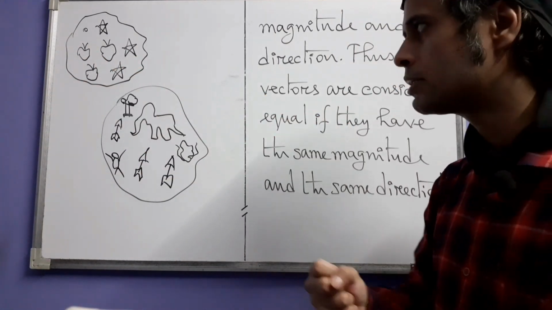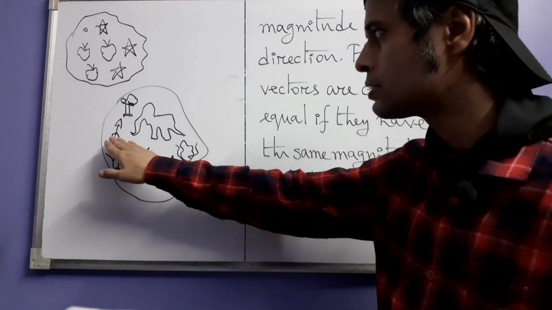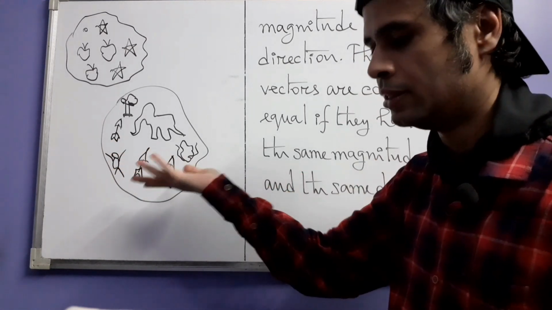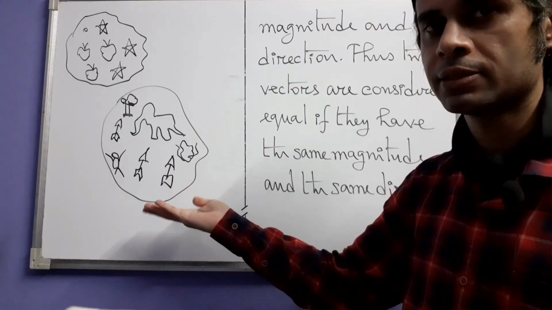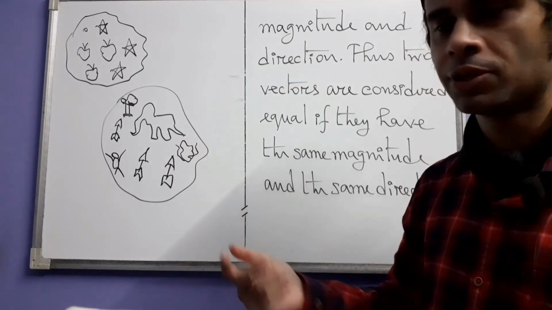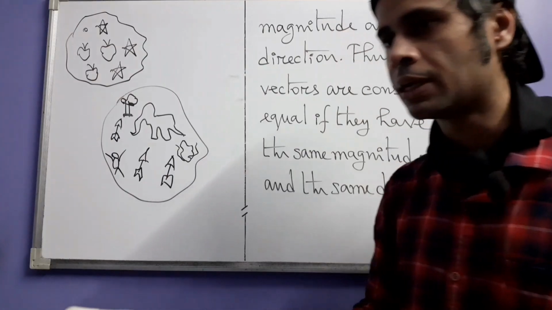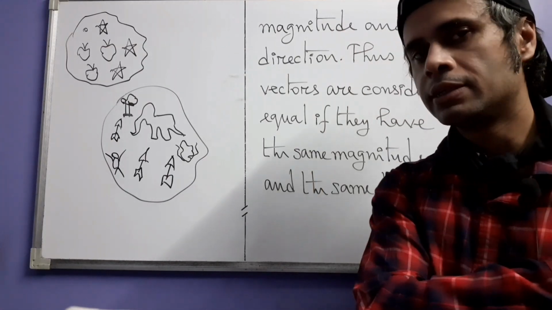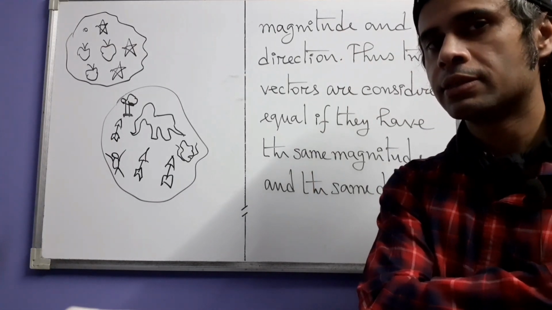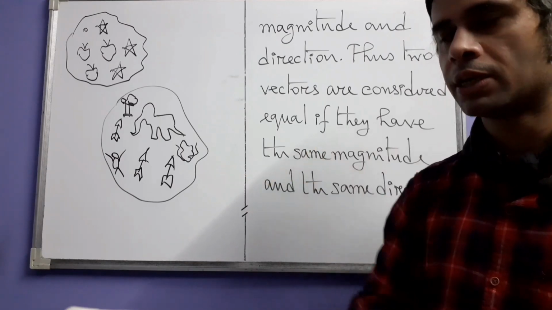In this extremely simple case, it does not really seem like a difficult task to think of these arrows and these fruits and understand that the sizes of the collections are the same.